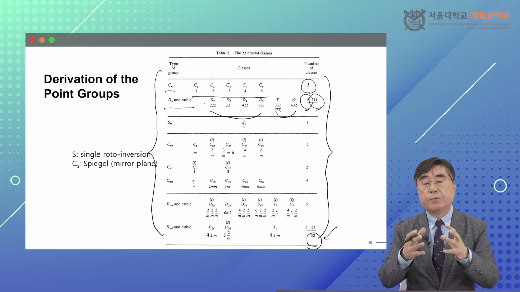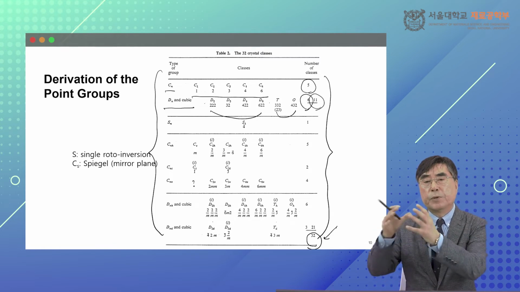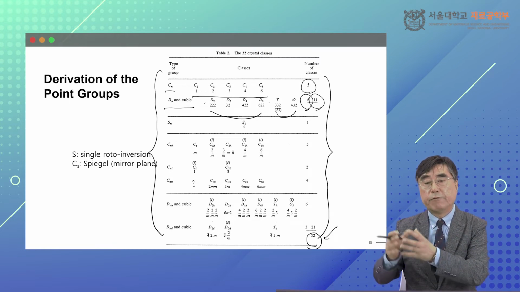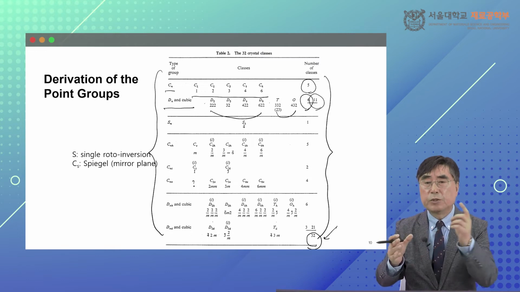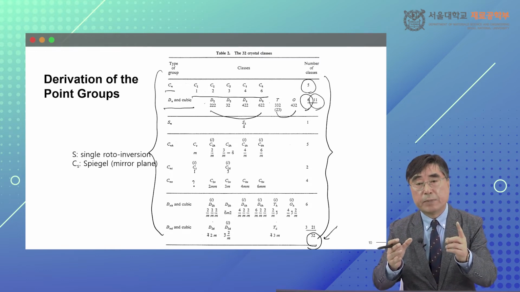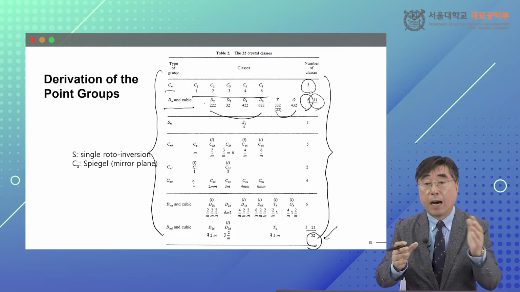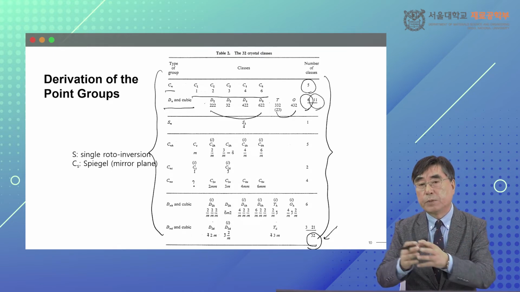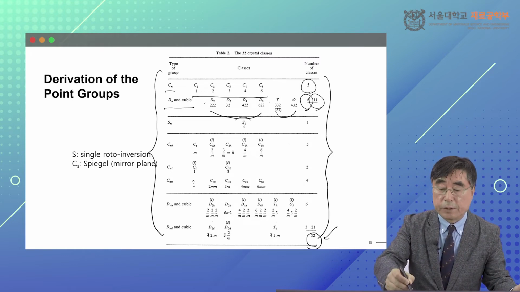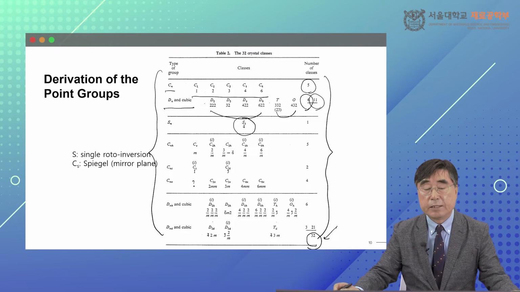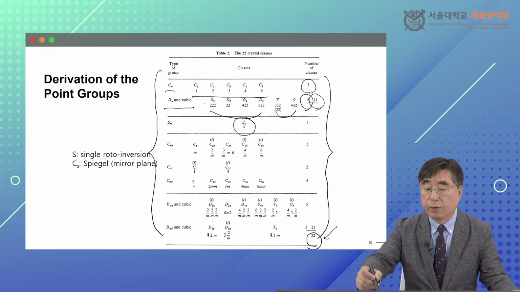When we derive these 32 point groups, all the point groups can be derived by putting mirror planes and an inversion center onto the rotational symmetries. But there is only one that cannot be derived that way, and that's 4 bar. 4 bar is a rotoinversion, and this is the only rotoinversion that cannot be developed by putting an inversion center and mirror plane. So this single rotoinversion S4, 4 bar, is defined by him. So there's one of them.